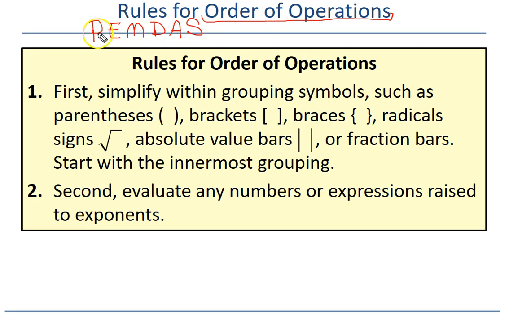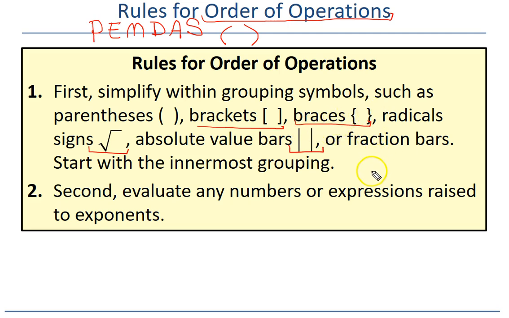Now, for parentheses here, the P, this is a grouping symbol. The common one is parentheses. Another one that we find is brackets. Another, braces. Another grouping sign is the radical sign here. Absolute value.